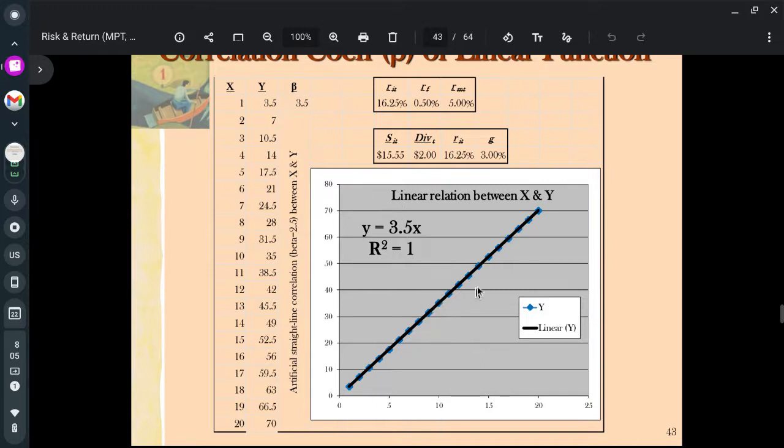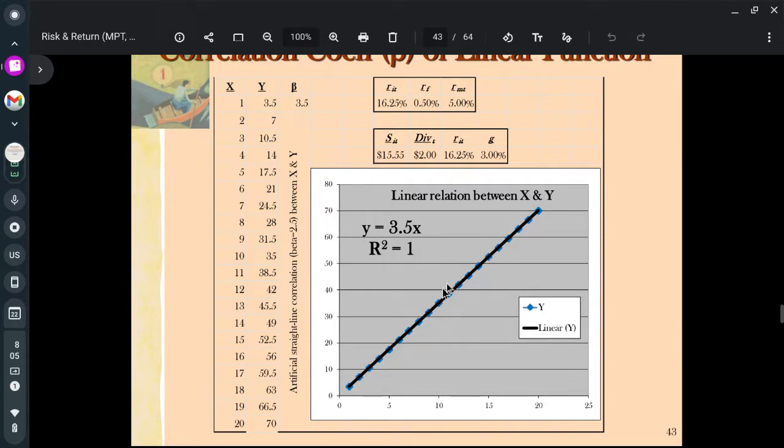And the correlation is nothing but the slope, right? Slope. So look, when X is 3, Y is 10.5; when X is 5, Y is 17.5, and so on.